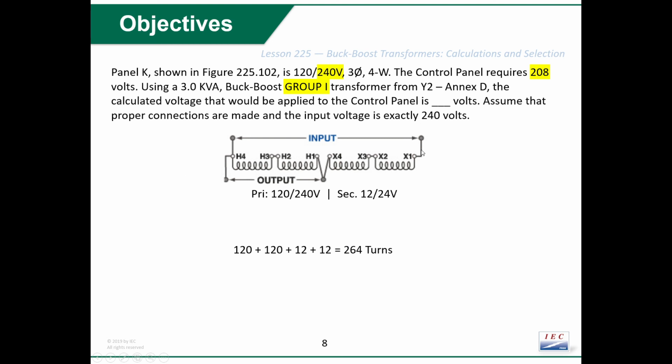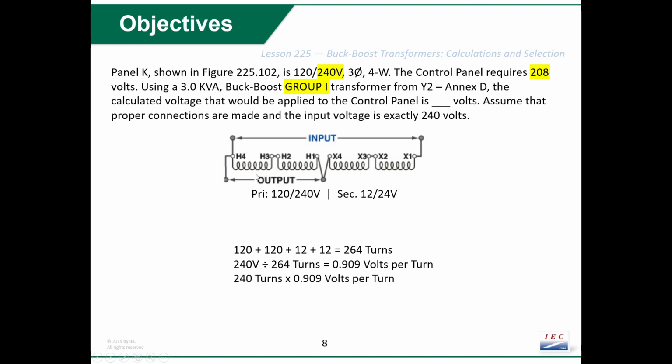We apply 240 volts to all those turns. 240 divided by 264 gives us now 0.909 volts per turn. So for every turn, we should get 0.909 volts out. Or for every 1 volt in, we're only going to get 0.909 volts out. Right?